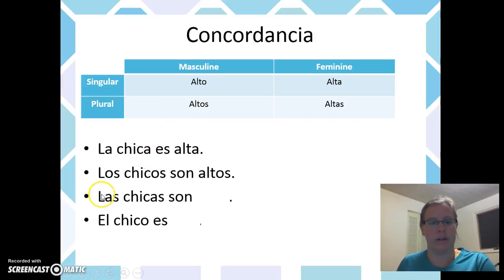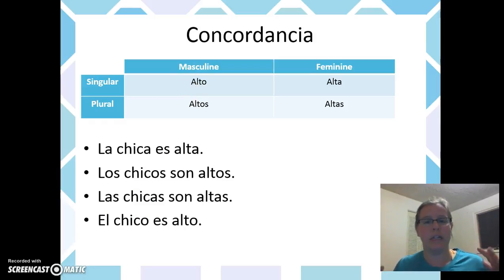Pause the video and see if you can do the last one real quick. Once you've completed, go ahead and unpause. That's right, you got las chicas son altas because that is feminine and plural, and el chico is singular masculine alto. So you can see how we would use each of the 4 versions of this adjective depending on the thing that we're talking about, right?